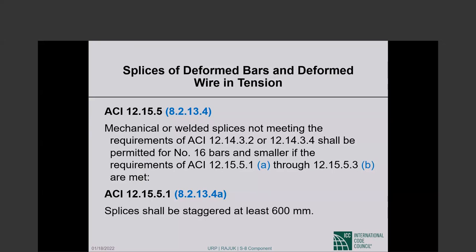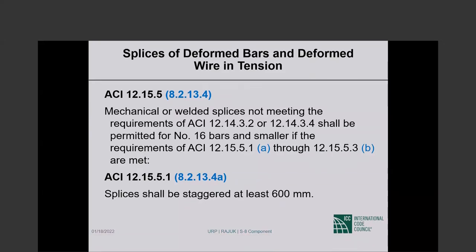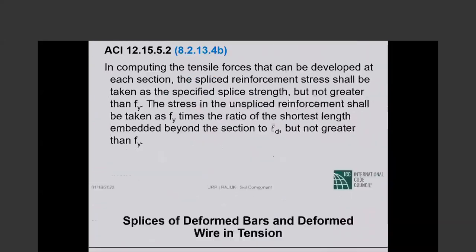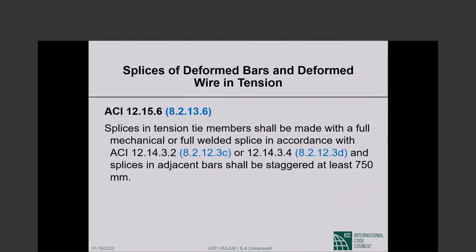And I don't even want to spend time on those because I would really like to discourage this less than full mechanical splices. You can use them on smaller bars, provided you satisfy three requirements given in these three sections, and let us not spend time on those conditions.